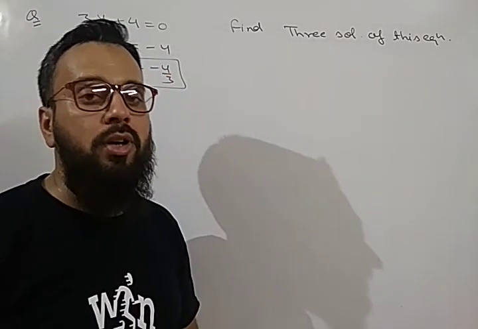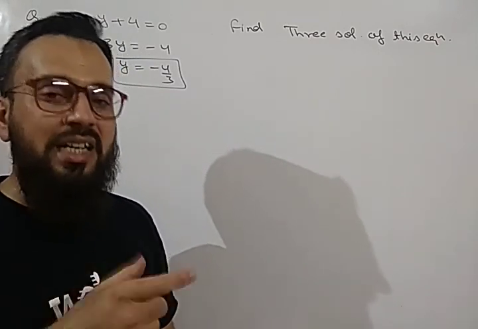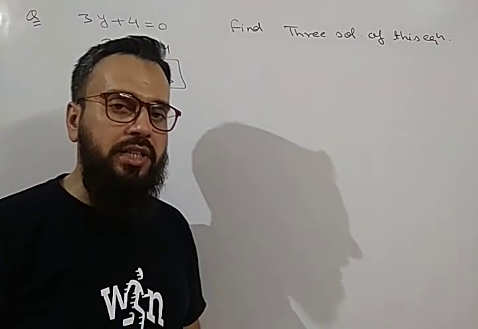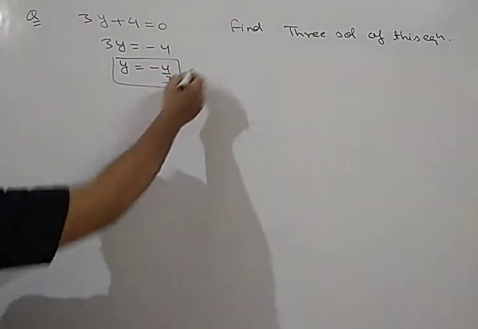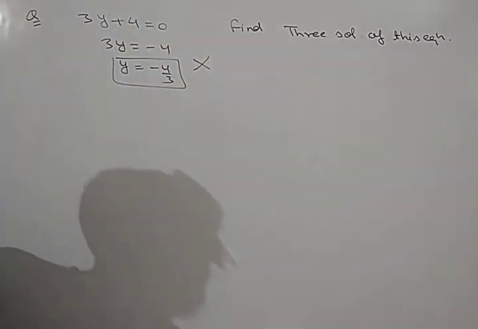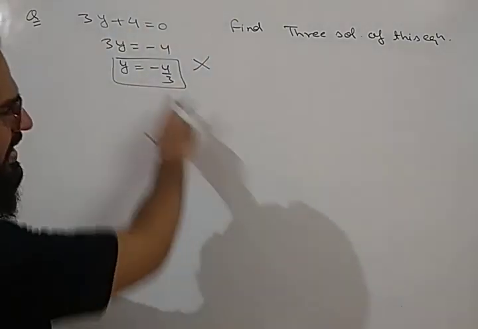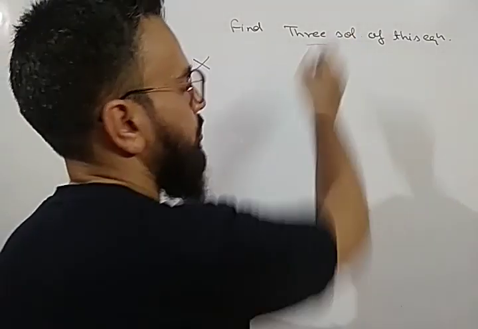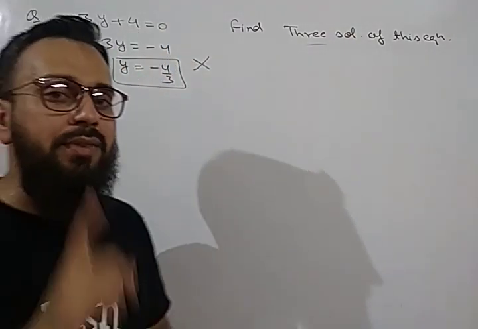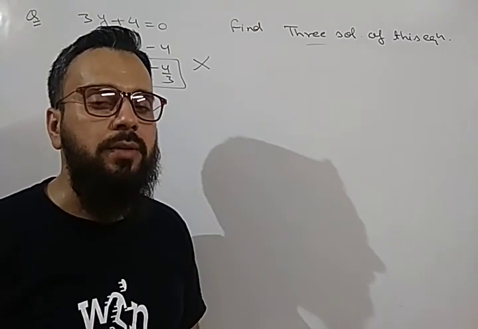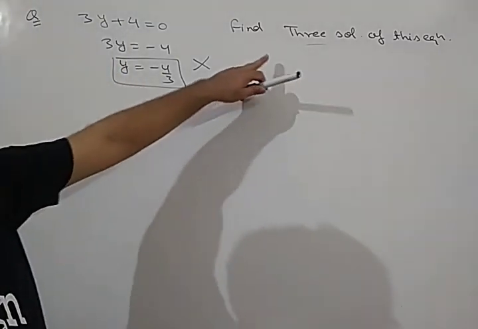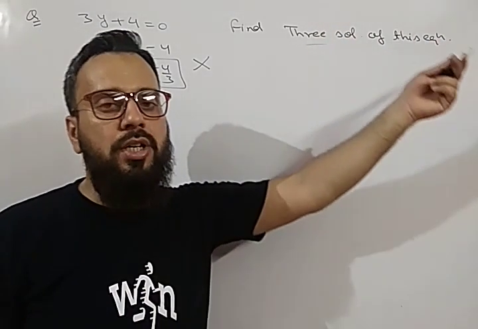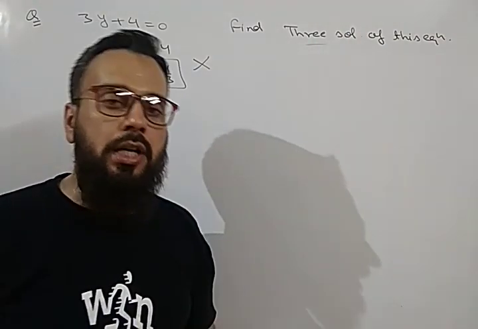But it is not correct, because we are talking about linear equation in two variables. For one variable it is correct, but when it is asked to find three solutions, then a single variable equation has only one solution. It means three solutions or more are for the linear equation in two variables.